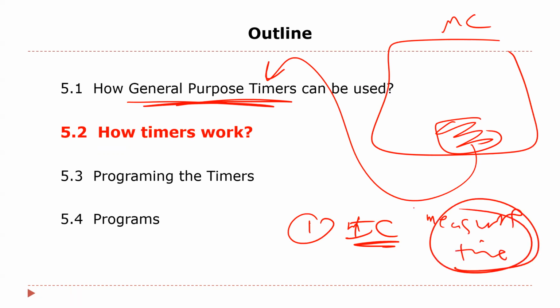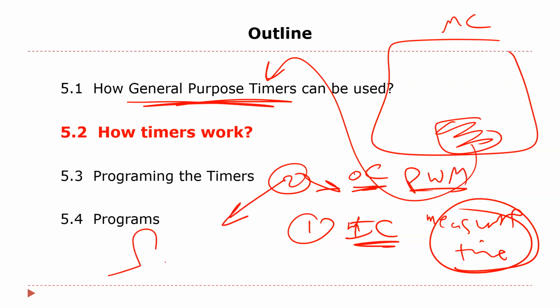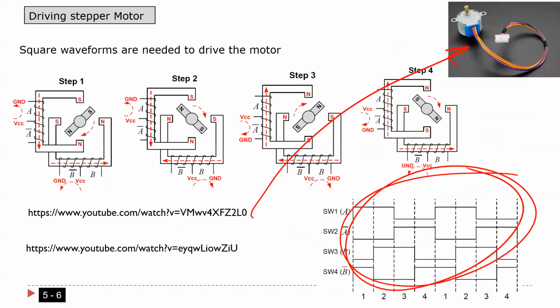Number two, it can be used as output compare, or pulse width modulation. In this one, you can generate a square wave efficiently. You can change the frequency easily, and you can change the duty cycle easily, because in some applications I need to do these two things. Any questions?